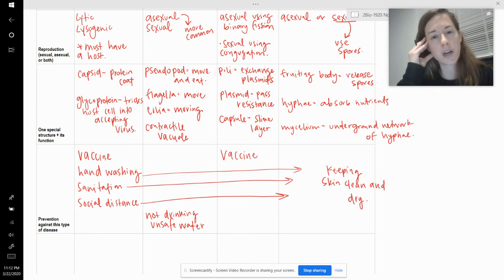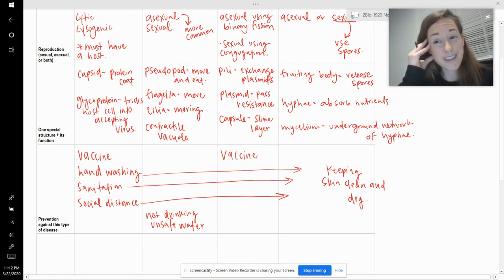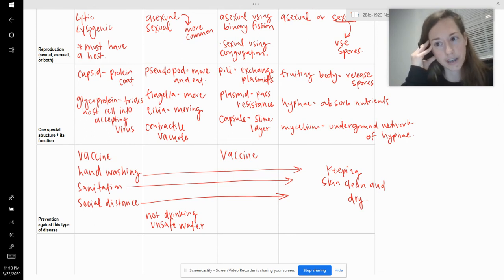Or athlete's foot, you get those when your feet are moist all the time, and if you dry them out, take off your wet socks or whatever, then you're less likely to get those. That can be a prevention. But overall, I would say hand washing, sanitation, a vaccine if there is one is the answer.